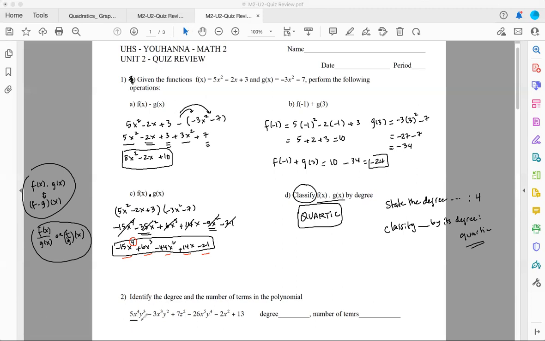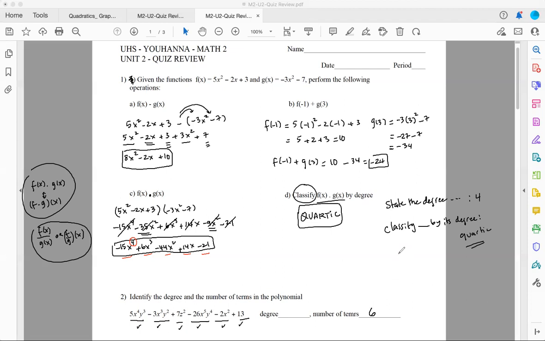Terms are the items that are separated by pluses. So here it's like saying this plus minus this, plus that, plus negative, right? Think about them as the items. So you have 1, 2, 3, 4, 5, 6 items. For this reason, to identify the number of terms, we would say 6.